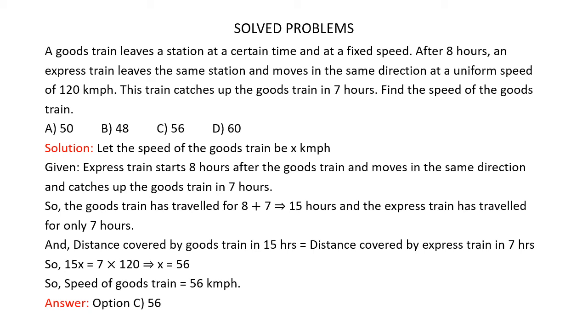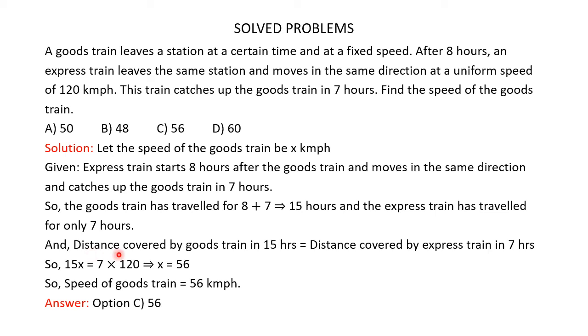Now we know that distance is equal to time multiplied by speed. So for the goods train, time is 15 hours and speed is assumed to be x kilometers per hour. For the express train, time is 7 hours and speed is given as 120 kilometers per hour.